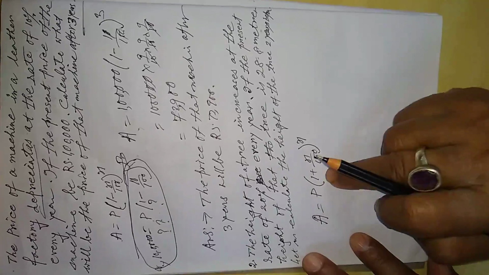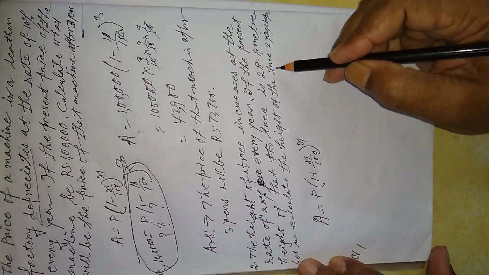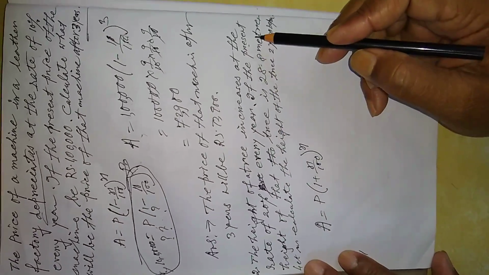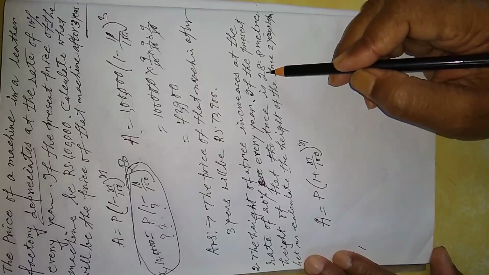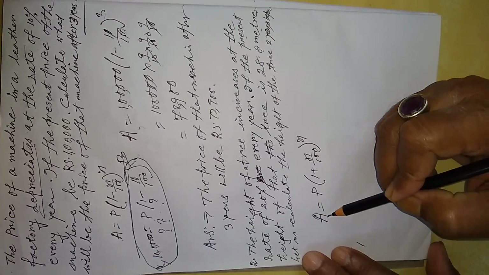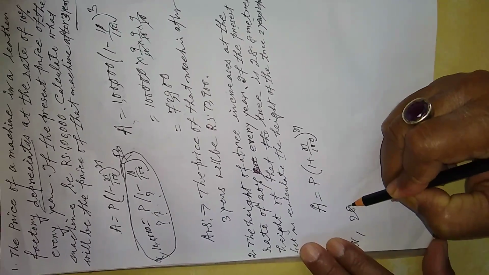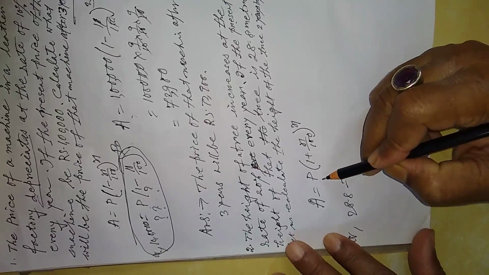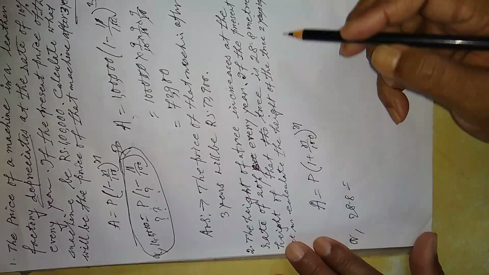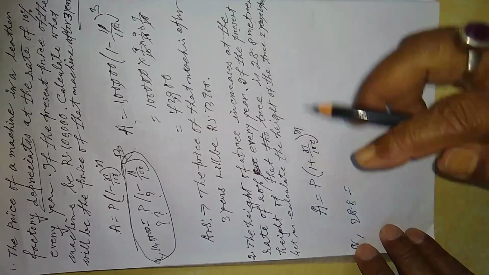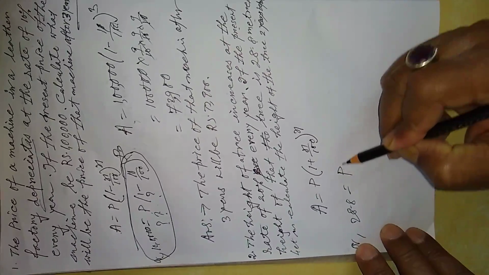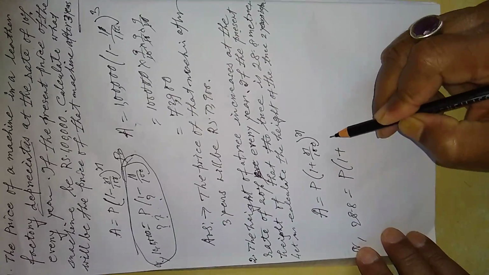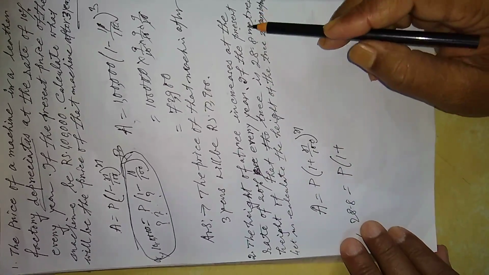Why in this case P? Because after the present height, 28.8 meters, in the place of amount you have to write 28.8, and P is the height 2 years before. 1 plus the rate of increase, which is 20% here.